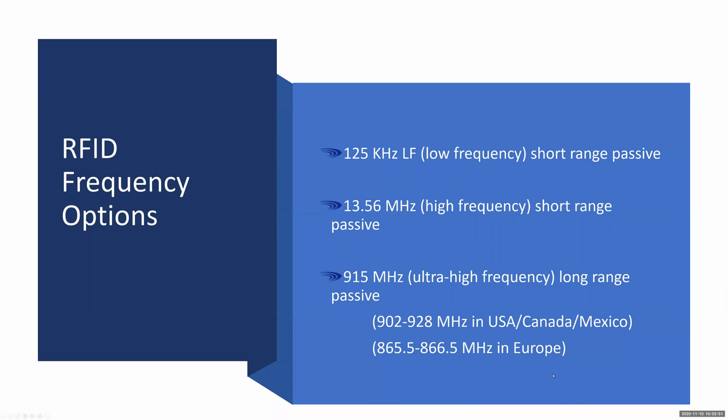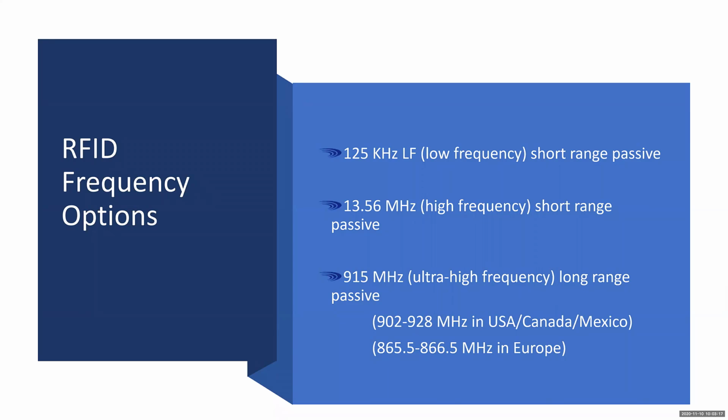The first thing we want to talk about are various tag technologies that are utilized. One of the things that we find is that all of these are what's called passive tag technology, where the tag doesn't have any energy except that which is provided from the radio waves from the antenna. So these are all passive tags.